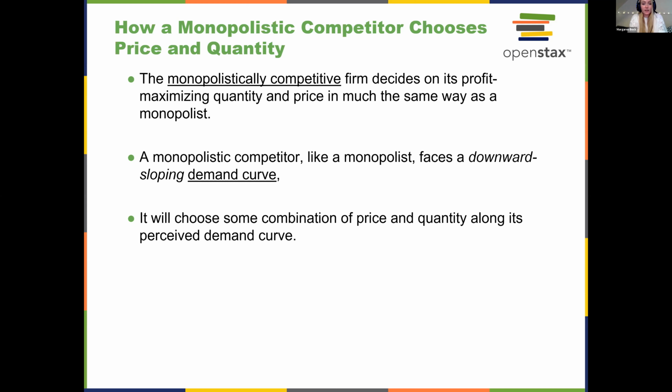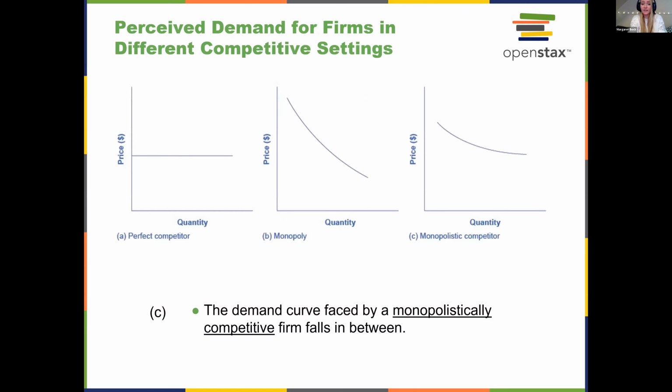Just like we learned at the end of the last video, the monopolistic competitor, like a monopolist, faces a downward sloping demand curve. In the last video, we ended by showing that the perfect competitor's demand curve is perfectly elastic, and the monopolist's demand curve is pretty steep compared to a perfect competitor's.